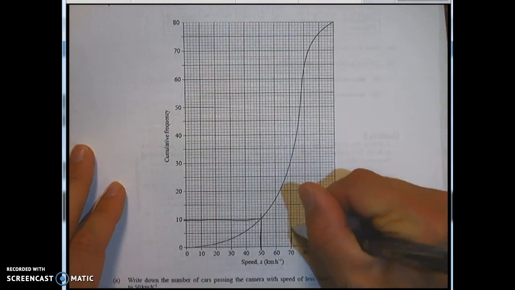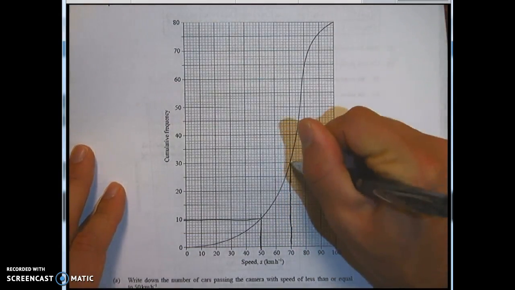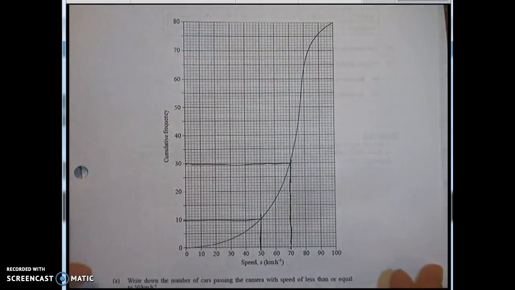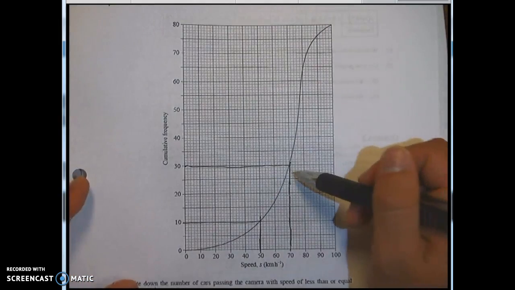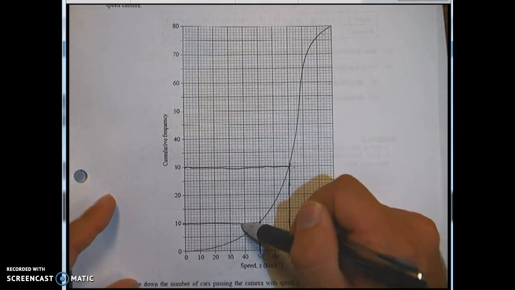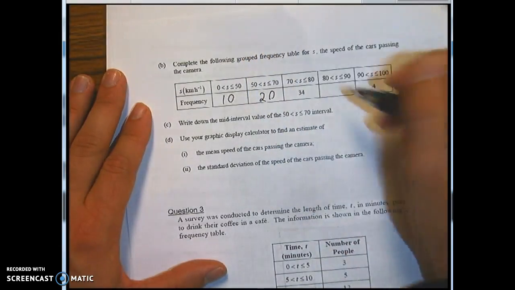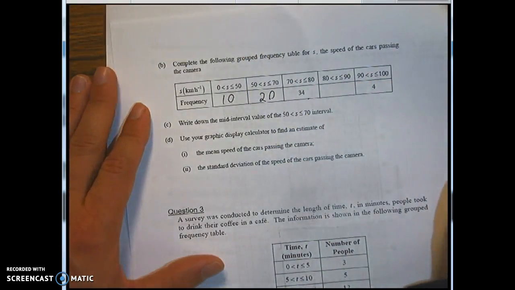So I'm going to go up here to 70. Straight across is 30. So I don't want to write a 30 though, because I've already accounted for 10 of those. So 30 minus 10, there's going to be 20 of those folks. They were nice. They figured out that 34 for us.